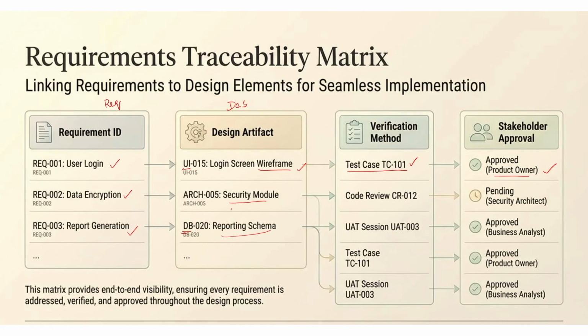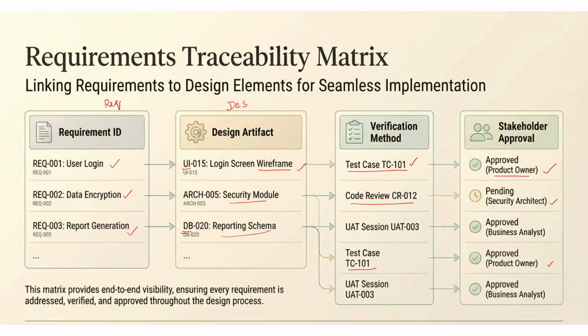This security module is going to be with respect to code review first, and then you will have something like test case 101. This has something called pending and another one called approved. So code review is not yet done, but some other test case has been approved.